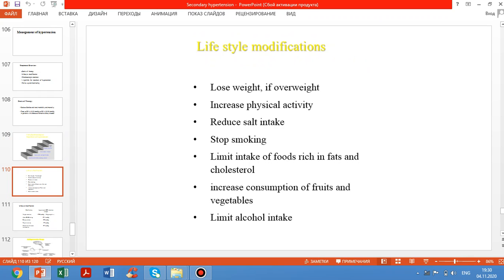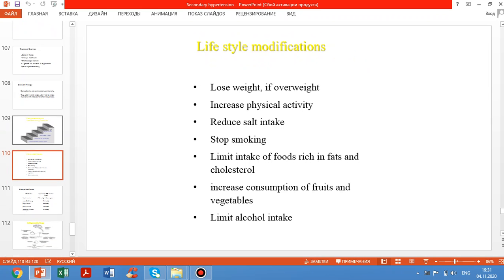Lifestyle modification includes lose weight if overweight, increase physical activity, reduce salt intake, stop smoking, limit intake of food rich in fat and cholesterol, increase consumption of fruits and vegetables, limit alcohol intake.